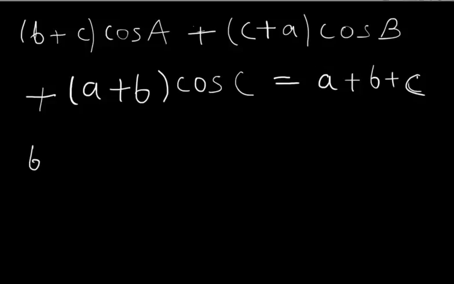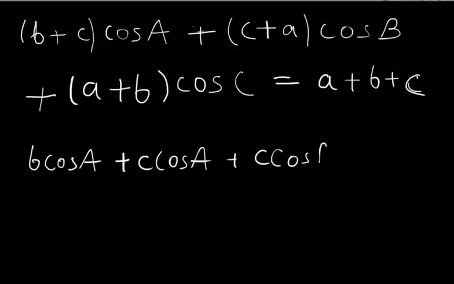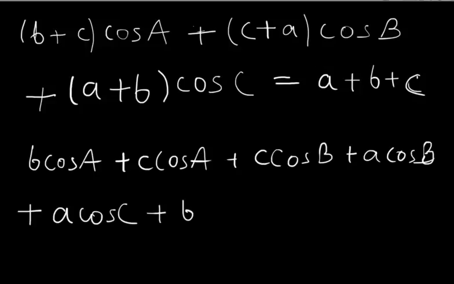So b cos A plus c cos A plus c cos B plus a cos B, this is b, plus a cos C plus b cos C, and we are done. We have 6 terms.